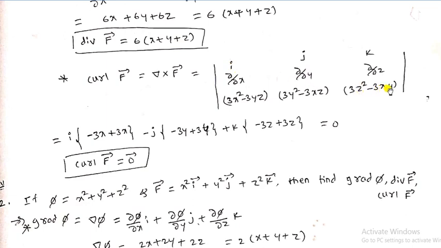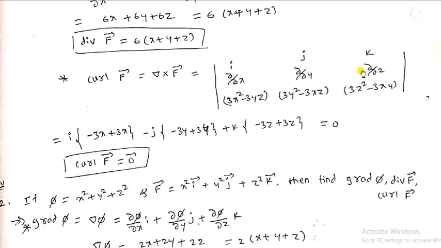When we use i, differentiate dou by dou y of 3z square minus 3xy. With respect to y, it becomes minus 3x, and 3z square becomes 0 because we are differentiating partially. Then dou by dou z of 3y square minus 3xz. With respect to z, 3y square is 0, and differentiation of minus 3xz with respect to z is minus 3x.